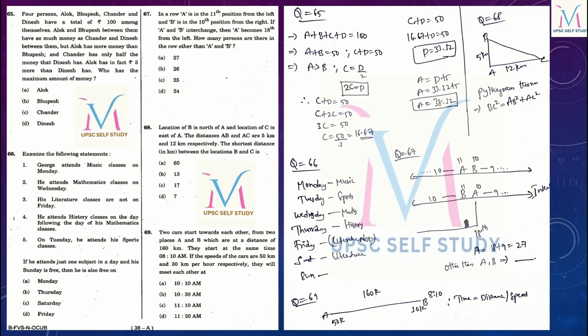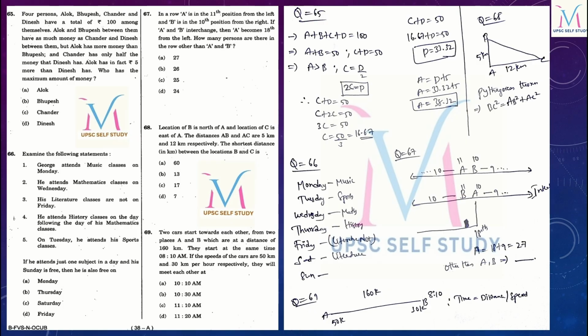If he attends just one subject in a day and his Sunday is free, then on what day is he also free? So if you look into the solution box, all the days he is attending.